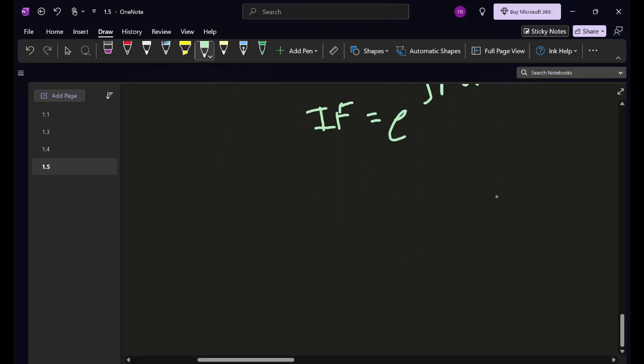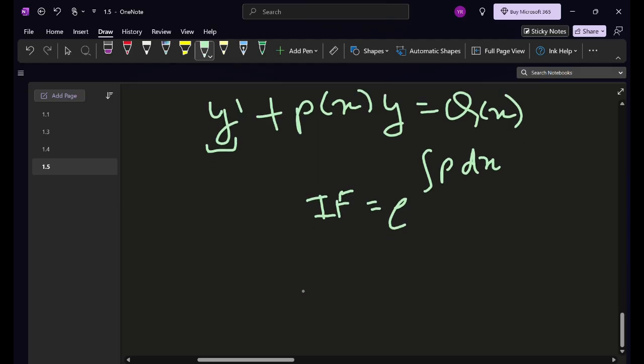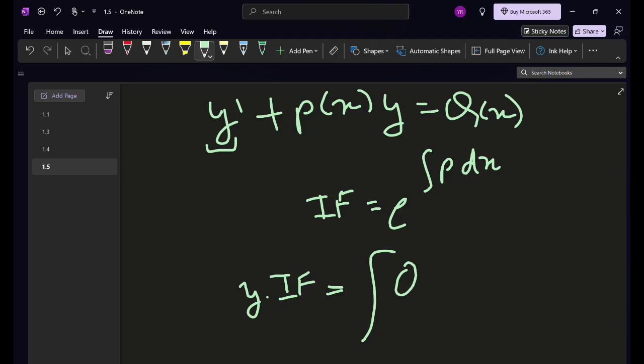So from here the integrating factor comes out, and then to proceed after that, we ignore this term, and we just go further: y multiplied with the integrating factor is equal to the integral of q(x) multiplied with the integrating factor.